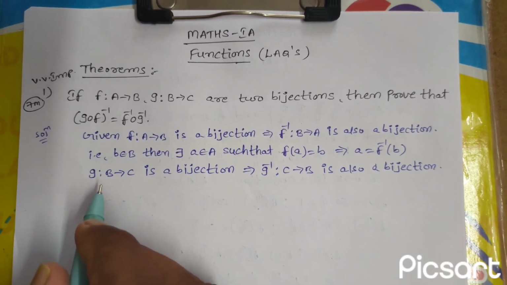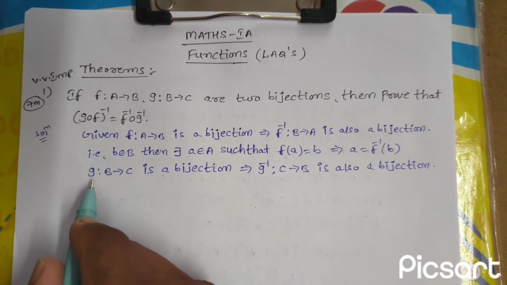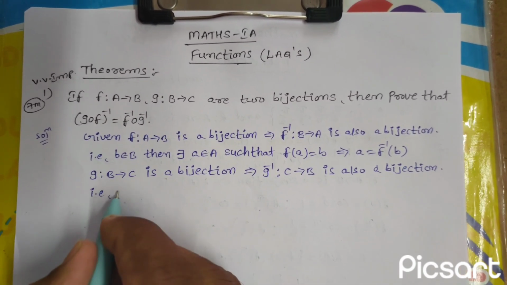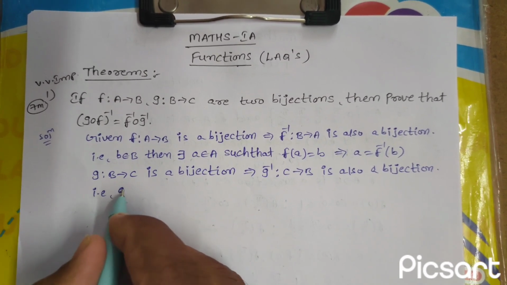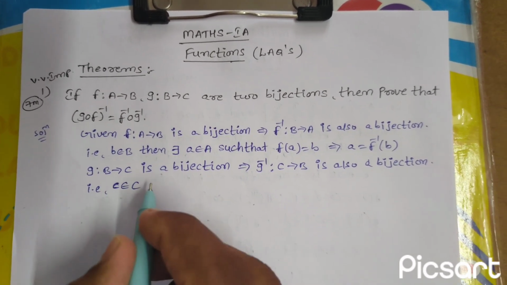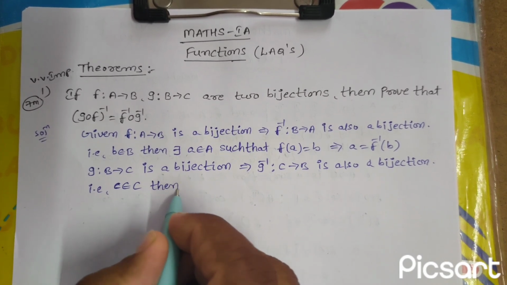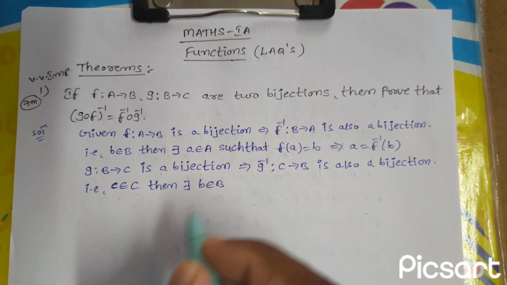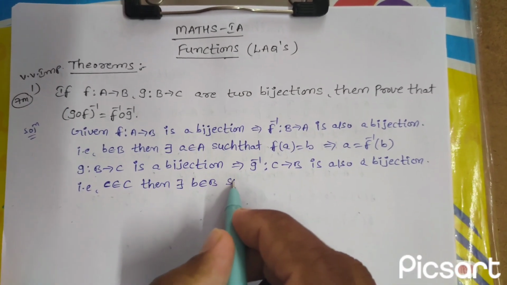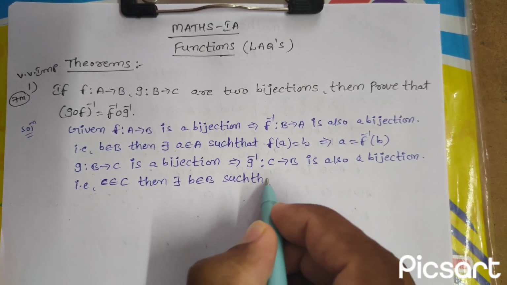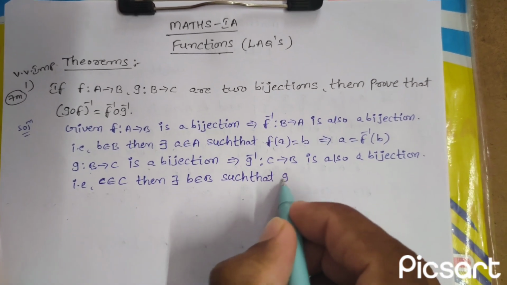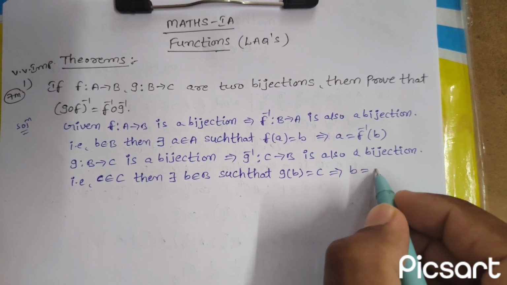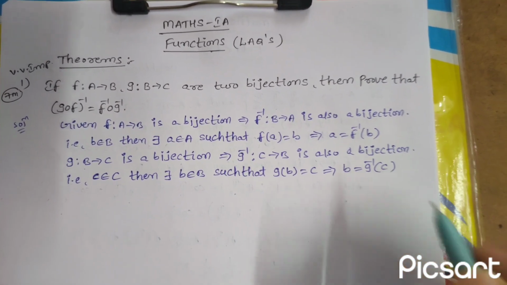According to the definition of onto, for the function g from B to C, in this codomain now take one element, small c belongs to capital C. Then there exists small b belongs to capital B such that g of b is equal to c. Here b is equal to g inverse of c.